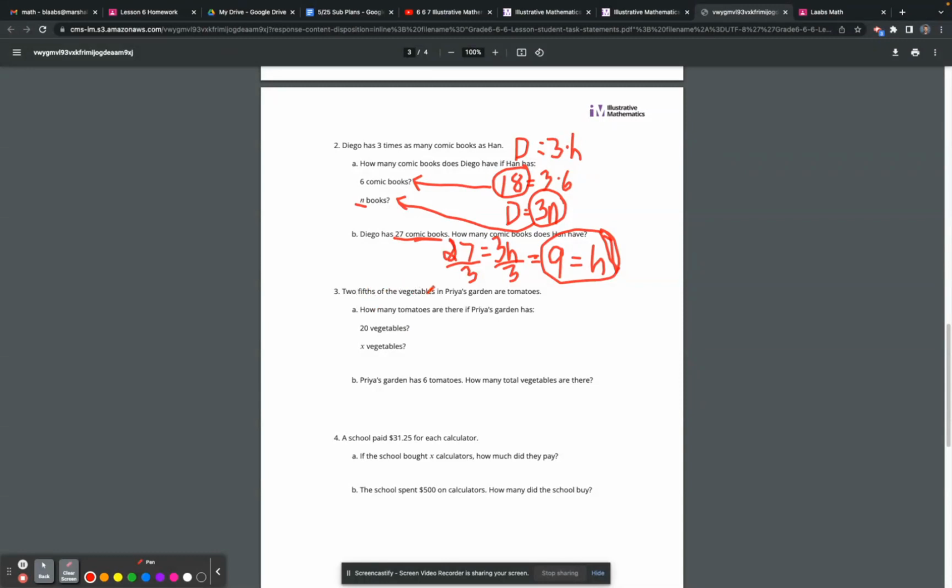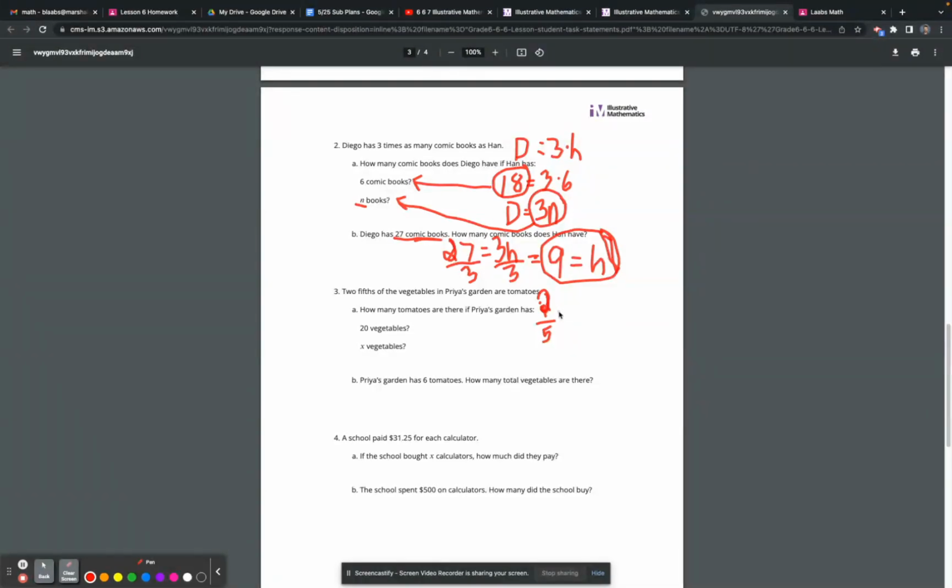2/5 of the vegetables in Priya's garden are tomatoes. How many tomatoes are there if Priya's garden has 20? So if I write my equation before I even get to that 20, I'm going to write 2/5 as a fraction. Two-fifths of the vegetables in Priya's garden.